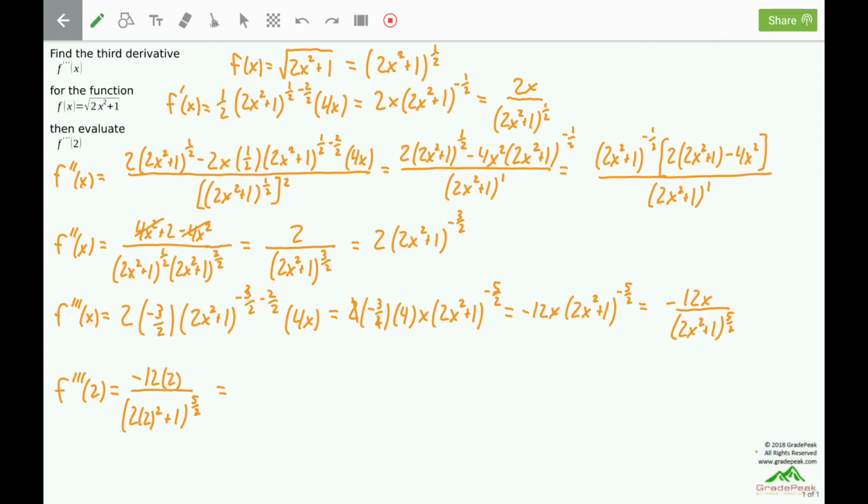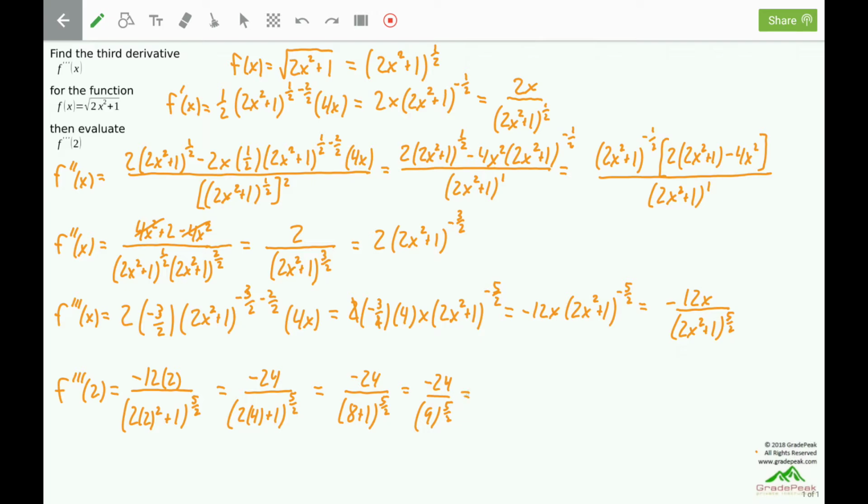So the numerator, negative 12 times 2, will be a negative 24. In the denominator, I will have 2 times 2 squared, which is a 4, plus 1 to the 5/2. Negative 24 divided by 2 times 4 is an 8, plus 1 to the 5/2. Say plus 1, of course, that's 9. And we have that raised to the 5/2.